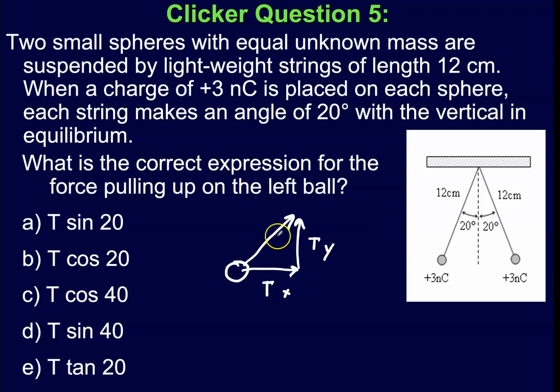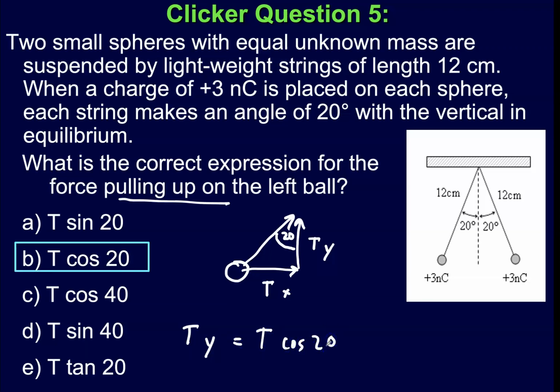From the picture, hopefully you can see that this angle here is that 20 degrees. So the force pulling up would be by definition our Ty, and Ty would end up in this case being T cosine of 20, which is answer B. Hopefully that's what you got.